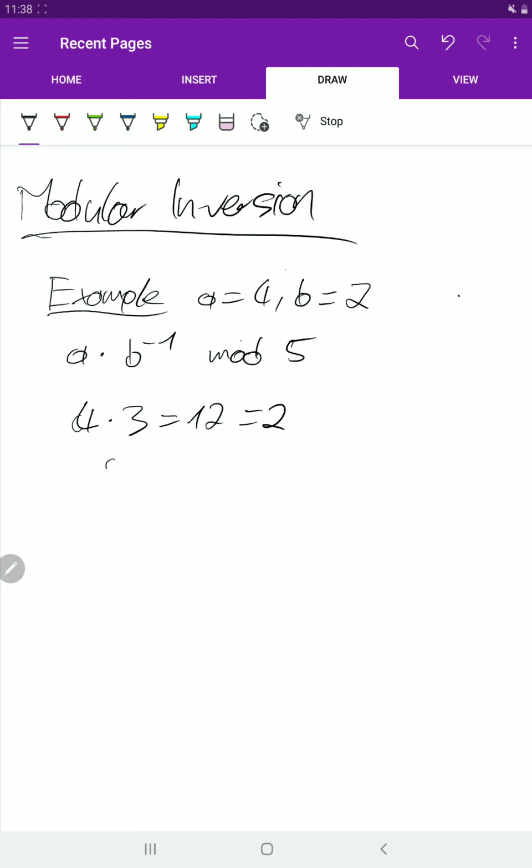And also, now let's look at this over the rationals, so a divided by b, as an element in the rationals, well, this is also 2.